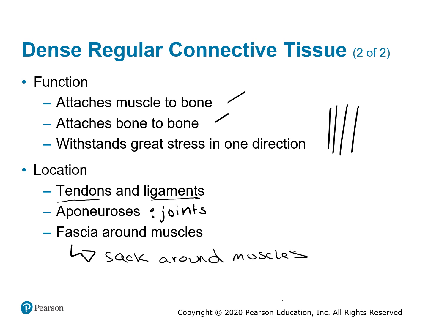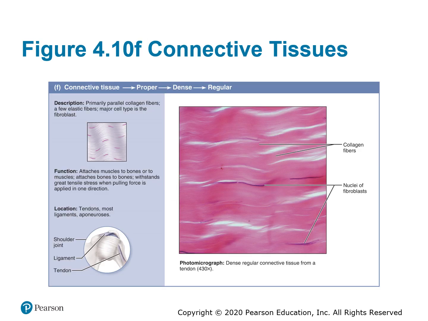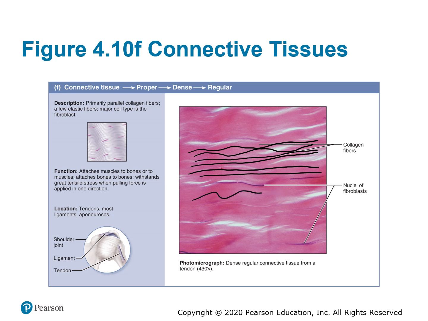They can handle a lot of stress and tension in one direction. As opposed to our irregular connective tissue, they are very, very straight and parallel. You see a little bit of wave in there, and that wave allows for a little bit of flexibility. They are strong, but that does not necessarily mean that they are stiff.